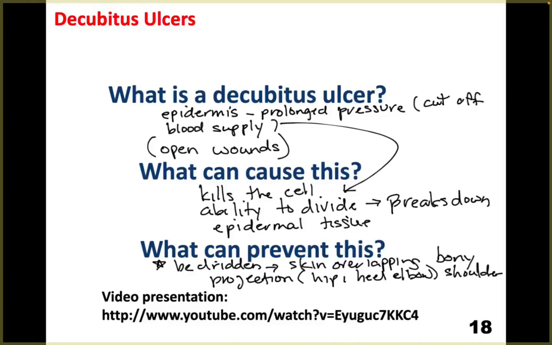And so if they're there prolongedly, they're not going to be able to reproduce. So they're going to get these open sores. So moving, changing body positions is how you prevent this. That's why it's so important.